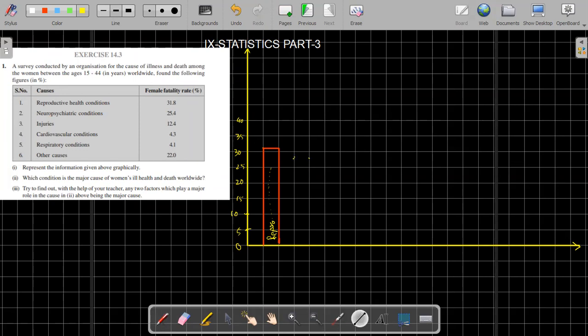Okay, then you can draw it, should be a straight line.